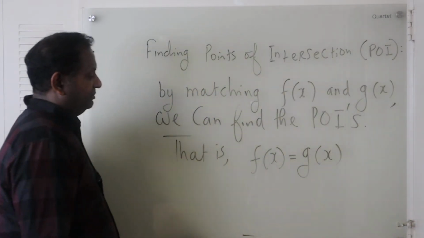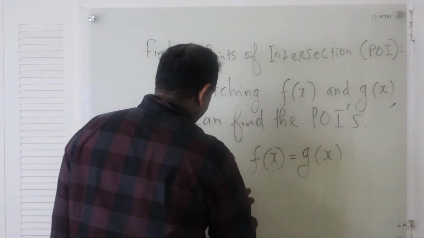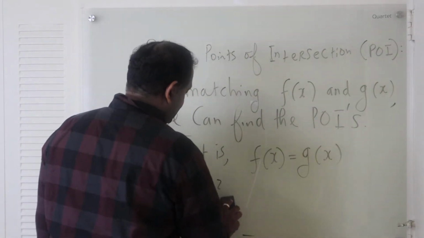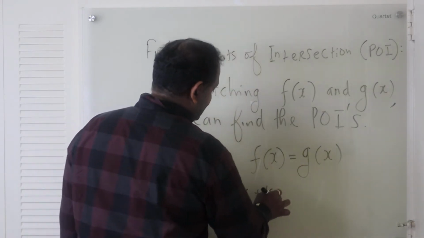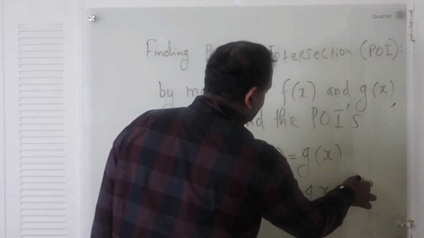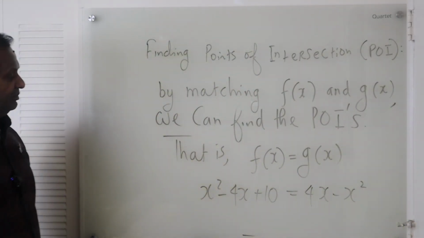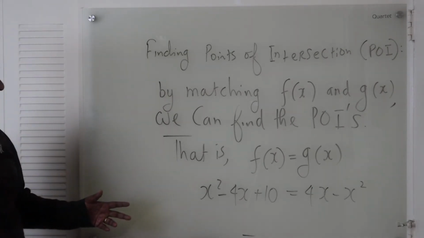That is, f of x is nothing but x squared minus 4x plus 10, and g of x is nothing but 4x minus x squared. This is how mathematically we're going to find the points of intersection.